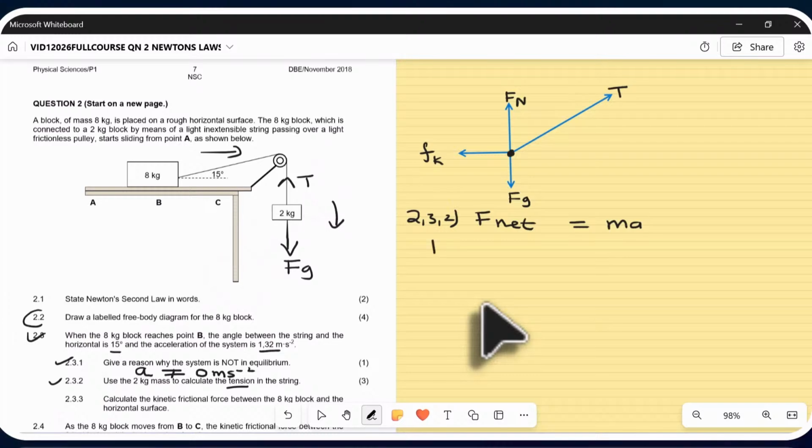Let us now substitute. Our Fg is mass times gravity, that means 2 times 9,8, minus the tension we're looking for, equals 2 times the acceleration, which is 1,32.